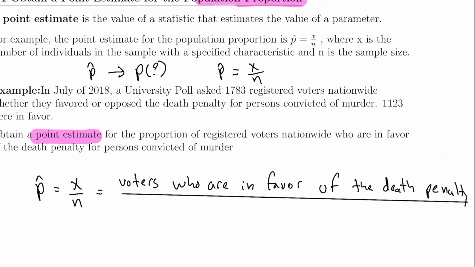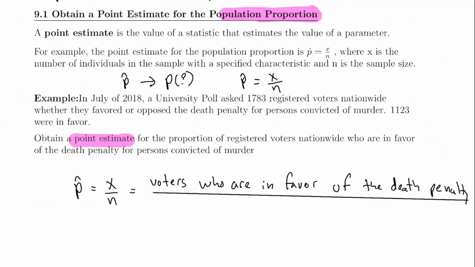And n is pretty much the people they surveyed, so we put registered voters.